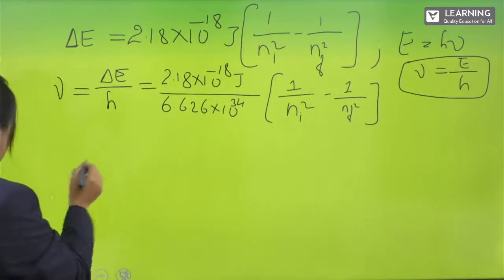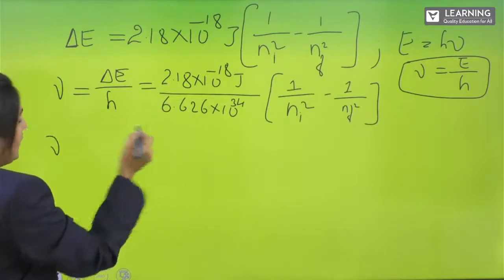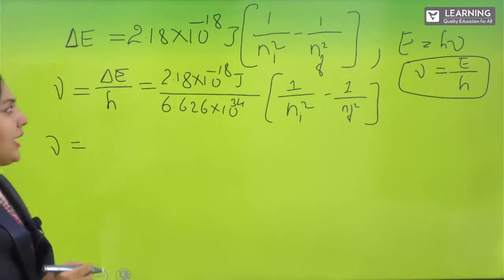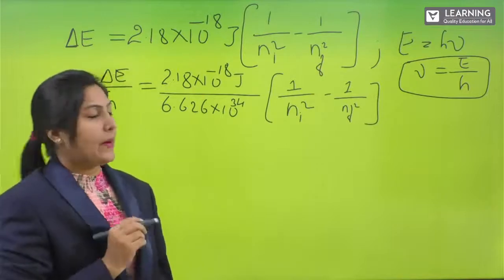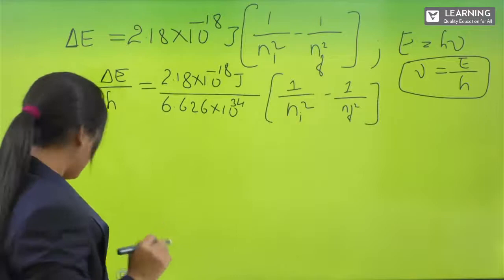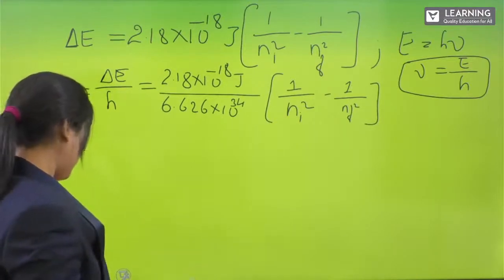So next we have to calculate 2.18 into 10 raised to minus 18 divided by 6.626 into 10 raised to minus 34. What do we get there?